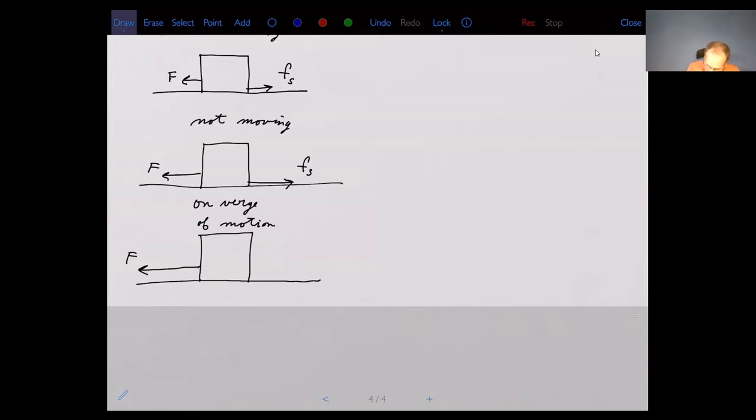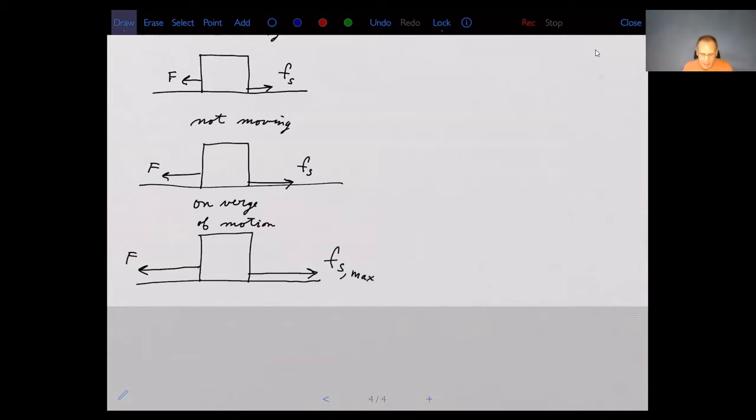If I pulled any harder, it would start moving, but it's still not moving yet. So I still have a static frictional force. But because it's the largest that the static frictional force can be, we call this Fs max, the maximum static frictional force.